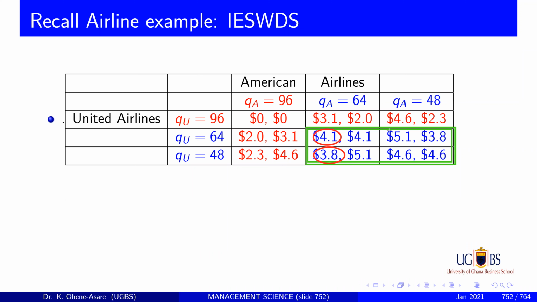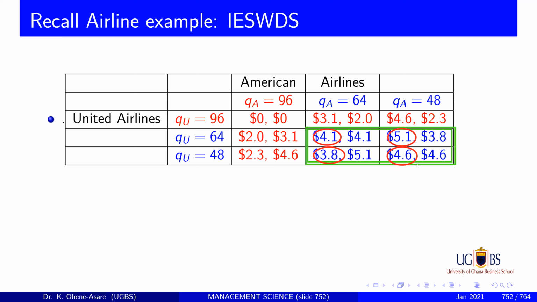Let's go to the next one here. 64 here gives us 5.1, and then 48 gives us 4.6. So once again, 64 dominates 48. So on the basis of that, you can see that we can kill 48. Using iterative elimination, we can kill 48.